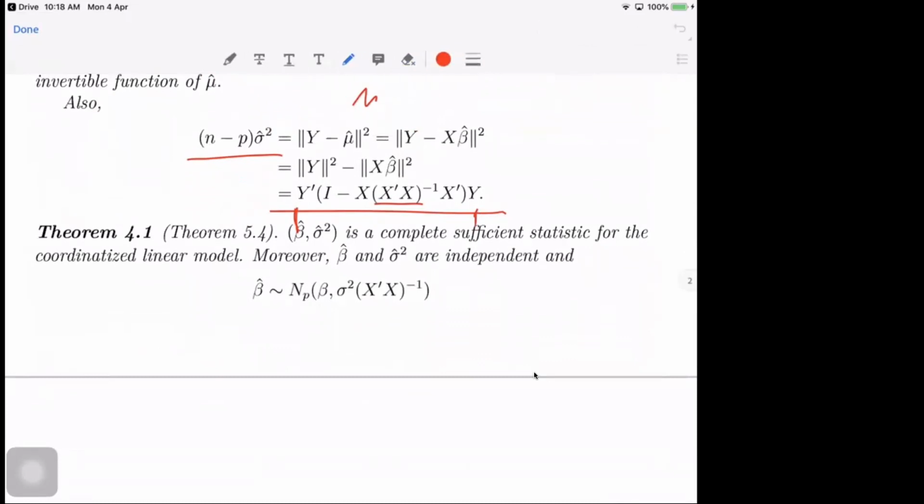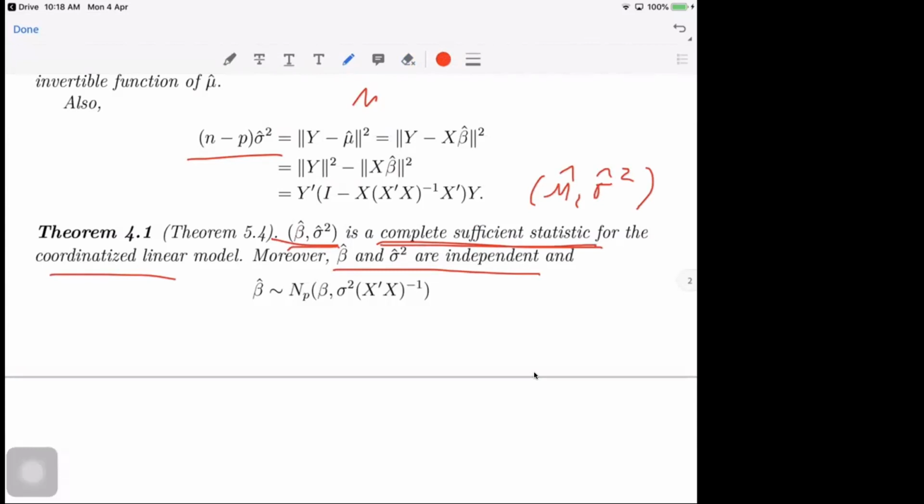So this theorem is talking about the equivalent version of a complete sufficient statistic. Previously, we said mu hat and sigma hat square, no? So now it is beta hat and sigma hat square as a complete sufficient statistic for a coordinatized version of the linear model, and it is also telling you the same thing, as these were independent previously.